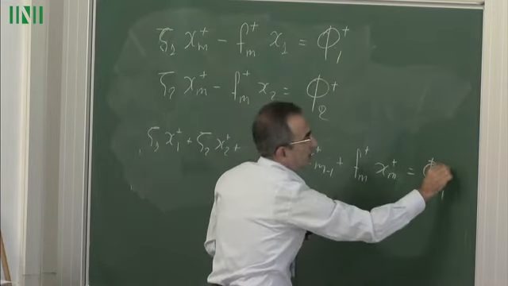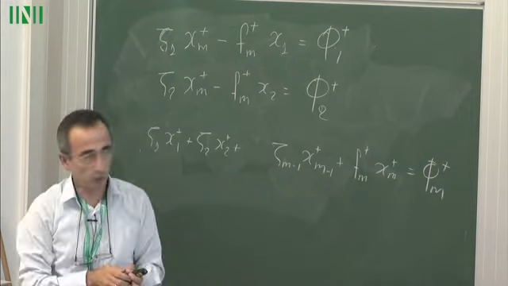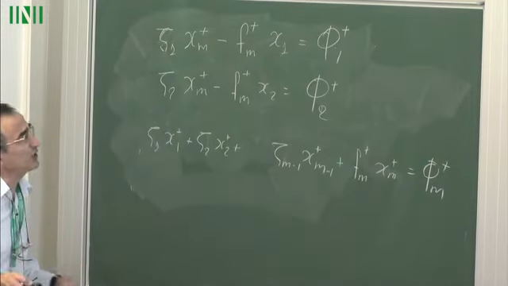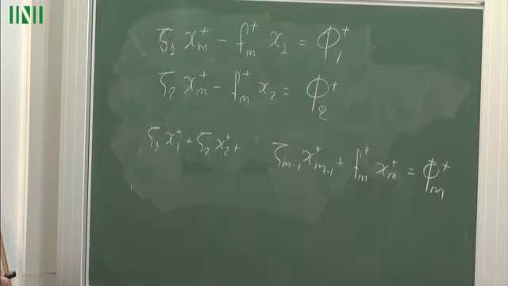We can consider this as a boundary value problem, a specific system of boundary value problems. These zeta and f functions are known, and we are searching for x. They don't play a role in our construction, but we need x explicitly to construct the unitary matrix which we are searching for.